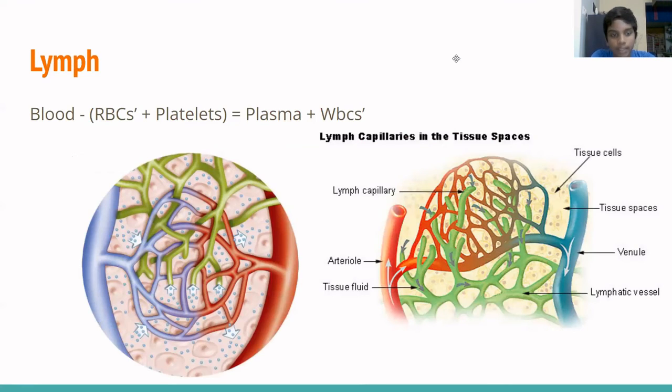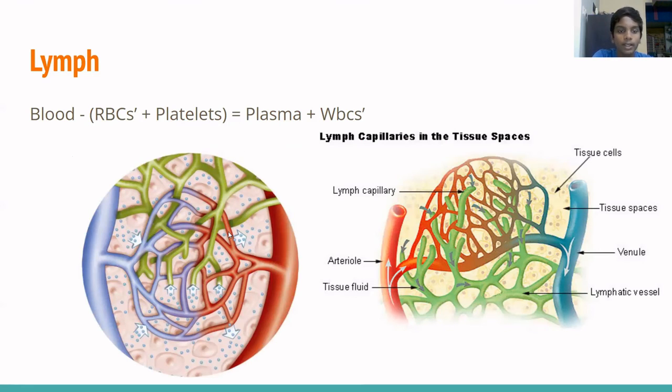Next topic is lymph. Lymph is blood minus RBCs and platelets. So this results in plasma plus WBCs. So lymph is plasma with WBCs.